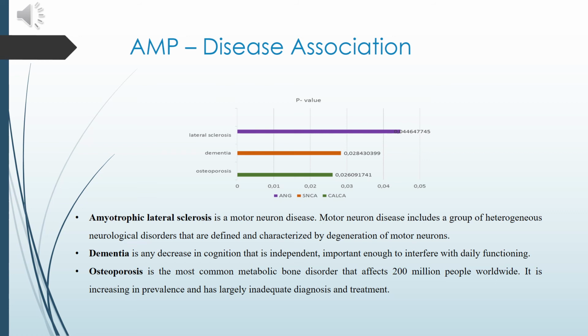Here we can see that dementia, osteoporosis, and amyotrophic lateral sclerosis are all associated with antimicrobial peptides. ALS is a motor neuron disease. Dementia is any decrease in cognition that is important enough to interfere with daily function. Osteoporosis is the most common metabolic bone disorder that affects 200 million people worldwide.